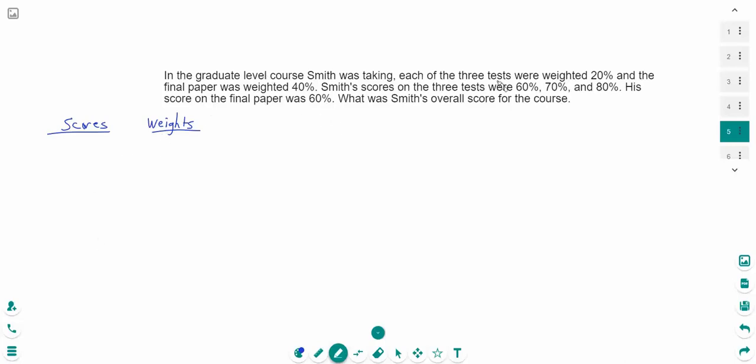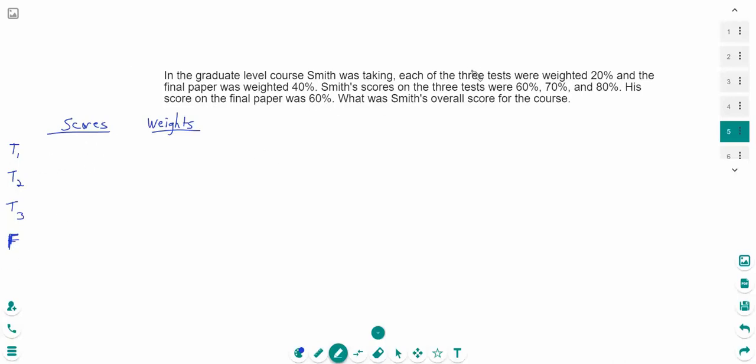Each of the 3 tests were weighted 20%. How many tests were there? There were 3 tests and there was a final paper. So we have test 1, test 2, test 3, and then F for the final paper. There we have our layout, our different scores.